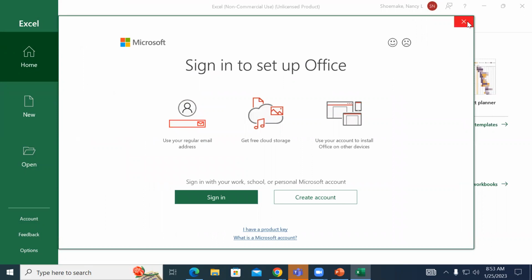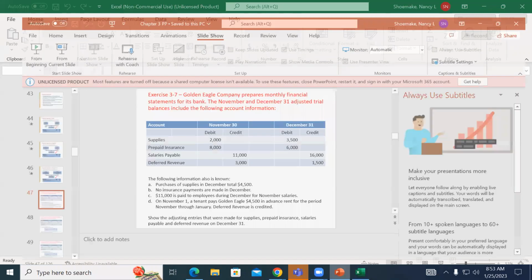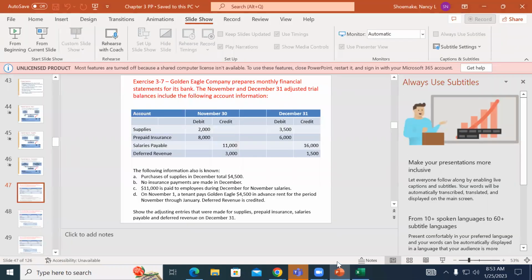So those of you who are watching this, again, I'm sorry, I'm creating a T account. And this T account starts with a $2,000 debit to supplies. We know it ends with a $3,500 debit to supplies. It tells us during the year, we purchased supplies in December totaling 4,500. Okay?